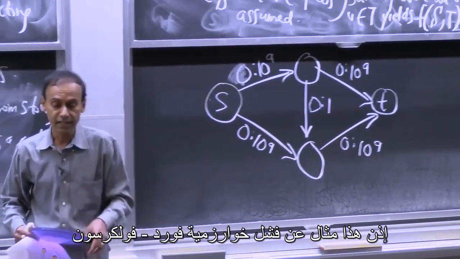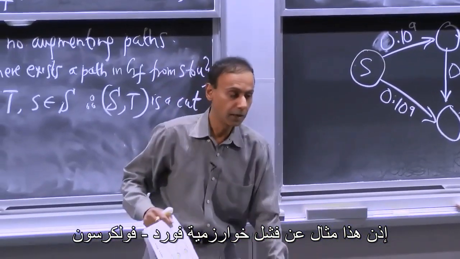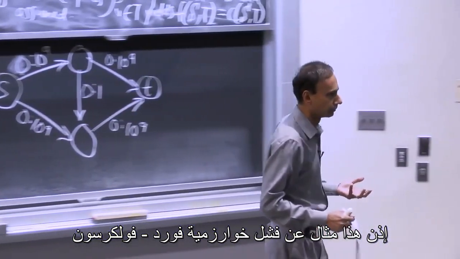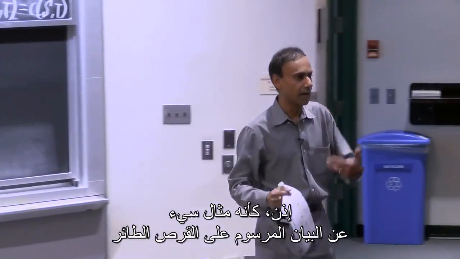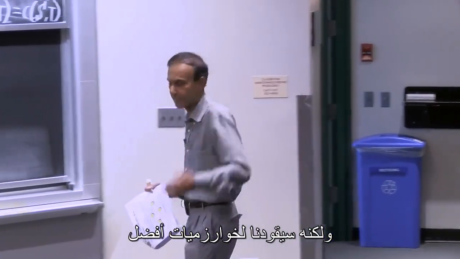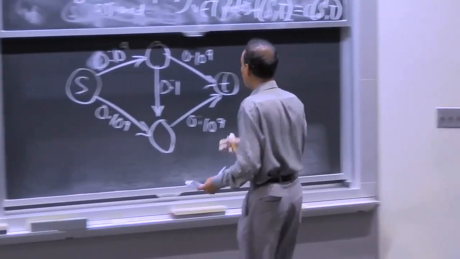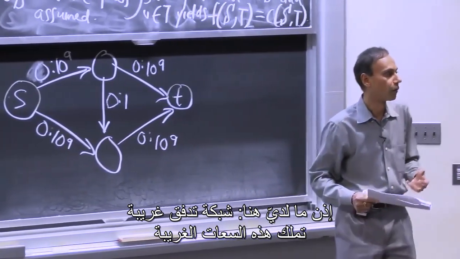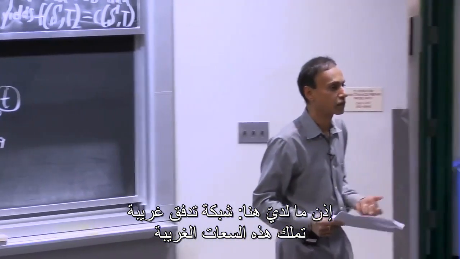So this is an example of really a failure of the Ford-Fulkerson algorithm. It's kind of a bad example on this frisbee, but it's going to lead us to better algorithms. What I have here is a weird flow network that has these strange capacities.